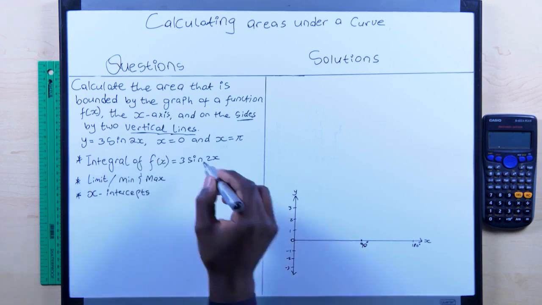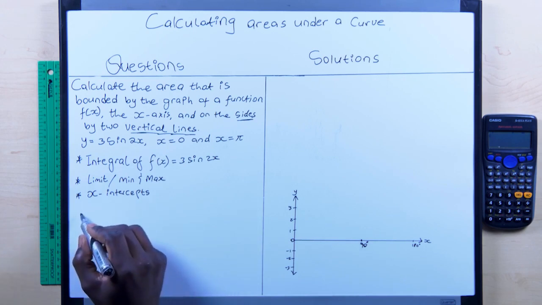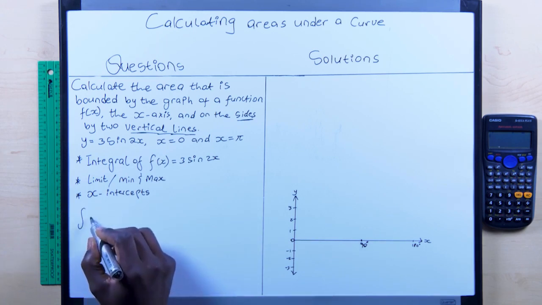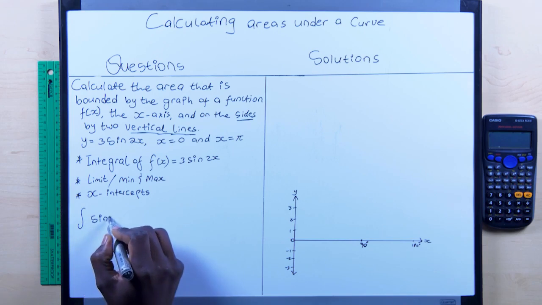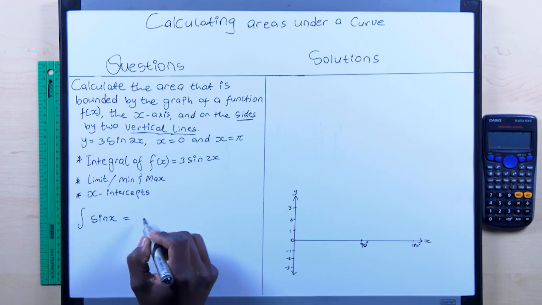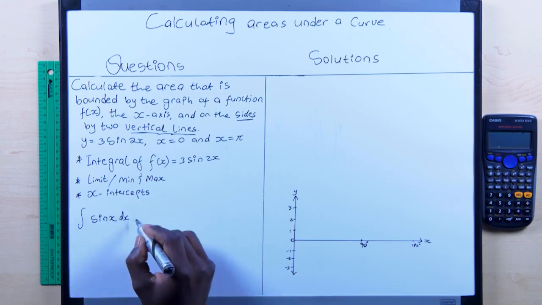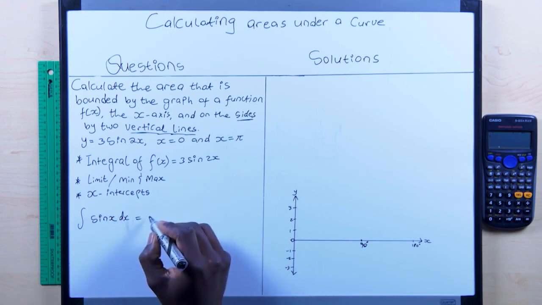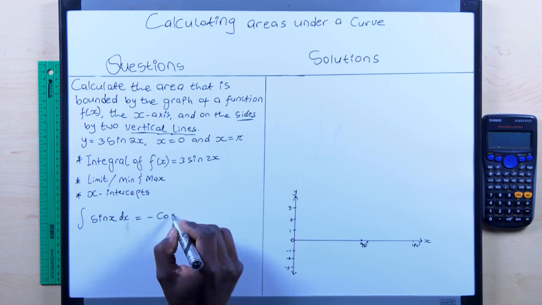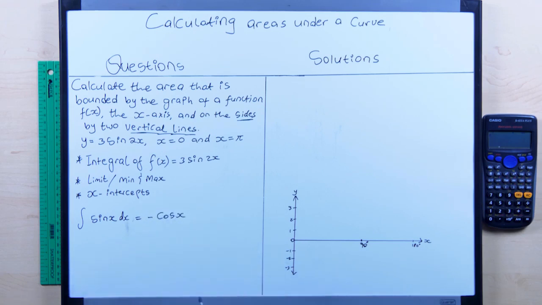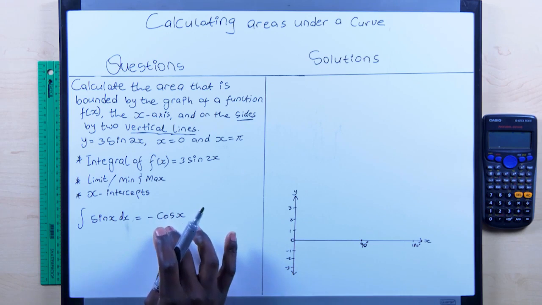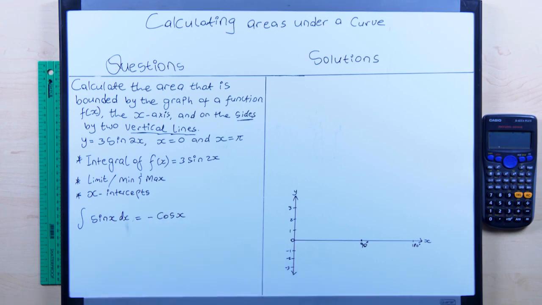Let's start off focusing on the integral. We know that the integral of sine x with respect to x is equal to negative cos x. This must come handy because we're going to need it later on.